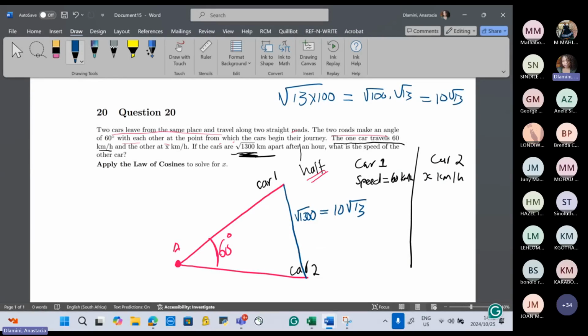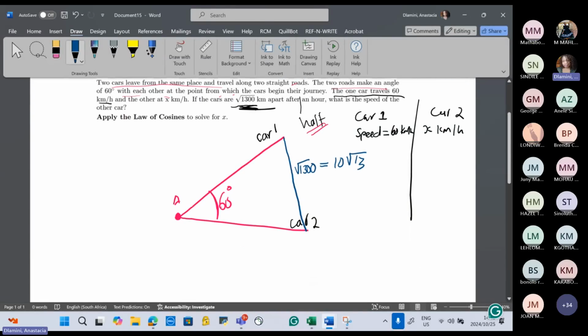Thank you. Makes sense now. Yes, ma'am. Good. Always try to simplify so that it becomes easier as well. You can leave it like that if you want, but I'm just saying.